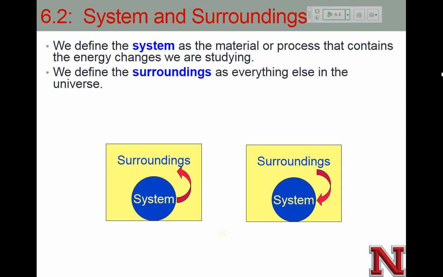Now that's not going to be really useful to calculations. So typically what we'll do when we're trying to study the transfer of energy is our system is going to be our reaction, and our surroundings is going to be a controlled set of surroundings where we can measure the change in energy. So we might, for example, look at the increase in temperature of the water part of our solution, which is our solvent, because then our chemical reaction is our system and the solvent is our surroundings.